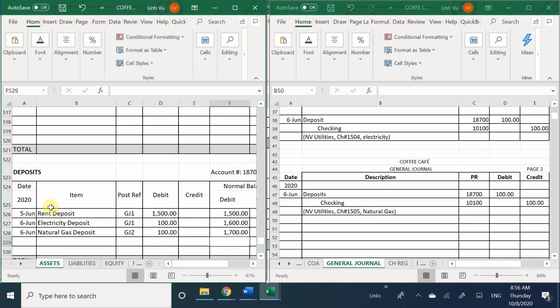Because I placed my formula in there and auto-filled my cells, it should copy the formula, taking the one above it, adding my debits and subtracting my credits. So it automatically calculated that I currently have $1,700 in my balance.